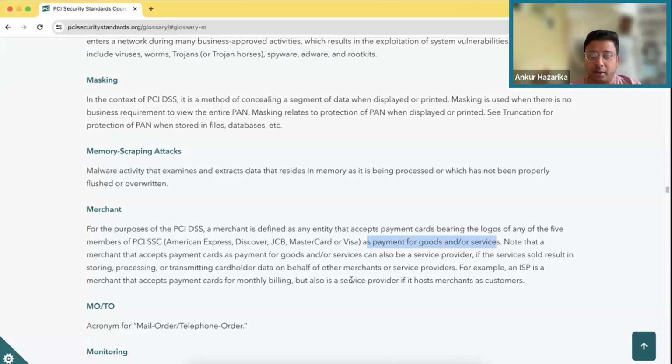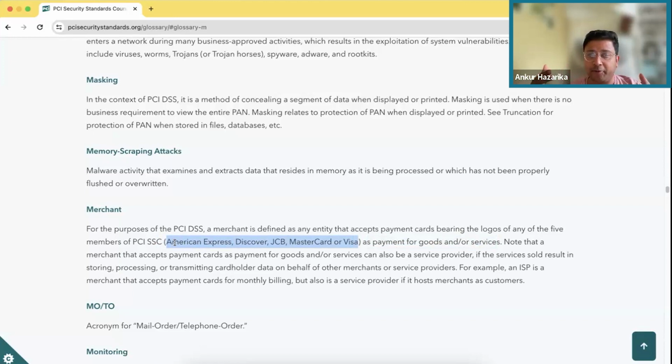For example, an internet service provider is a merchant that accepts payment cards for monthly billing from customers, but is also a service provider if it hosts merchants as customers. So let's say I'm an internet service provider. If I accept credit cards or debit cards issued by these 5 card brands from my customers, who could be retail customers like you and me, or enterprise customers like companies, then I am a merchant within the context of the PCI DSS.